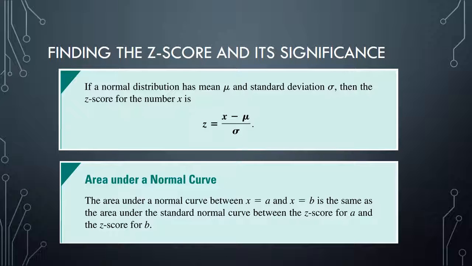So it allows us to use the standard normal curve to calculate the area rather than trying to create a normal curve based on your data, which again, if you take a statistics course, you'll do that. You will learn to create a normal curve based on your mean and your standard deviation for your data, and then you'll learn also to convert it to a standard curve. We're not going that deep into this, we're just comparing it straight to the standard normal curve.